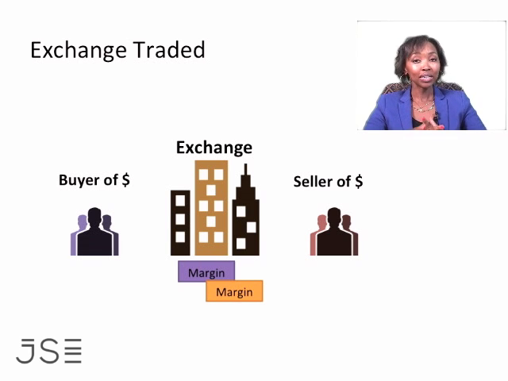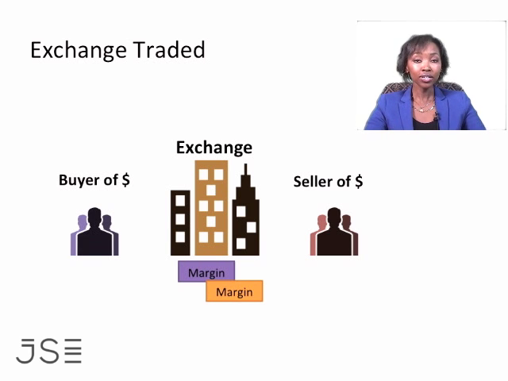So what that basically means is that when parties trade via the exchange, they don't have that extra credit risk or default risk. So that has an impact on pricing, because usually if people trade over the counter, they would pay a premium for credit risk. But because that is removed when trading via the exchange, that is no longer a concern, because then a margin is payable up front.